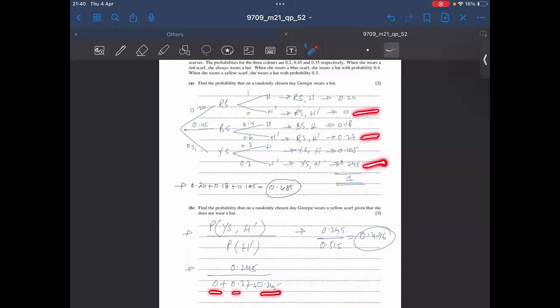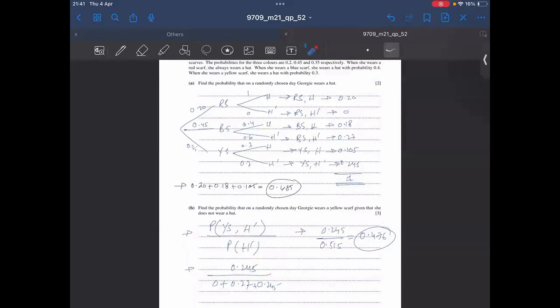I have put them in the denominator because the condition is you are looking from among those probabilities that represent Georgie not wearing a hat. So that's the condition.